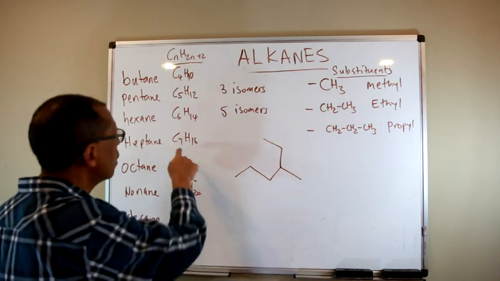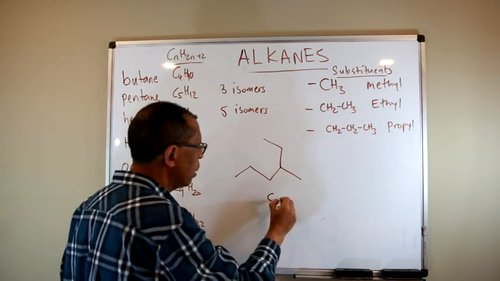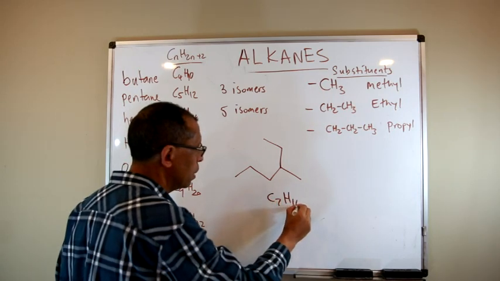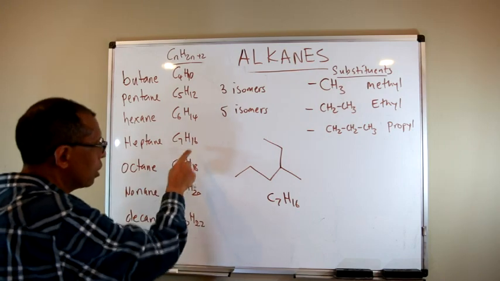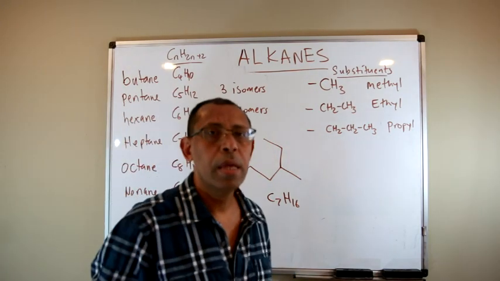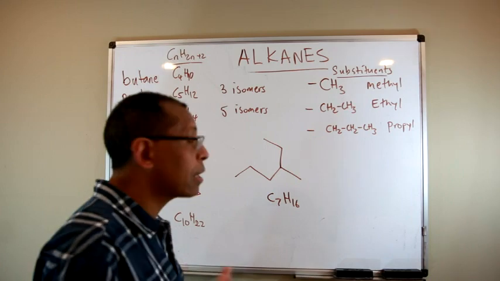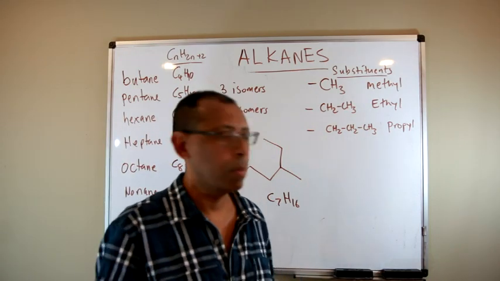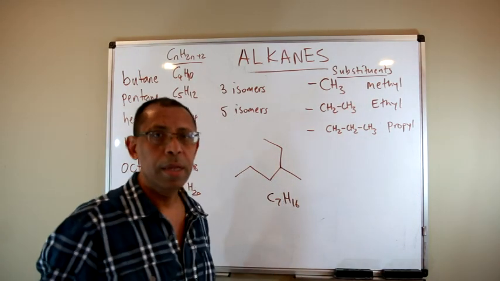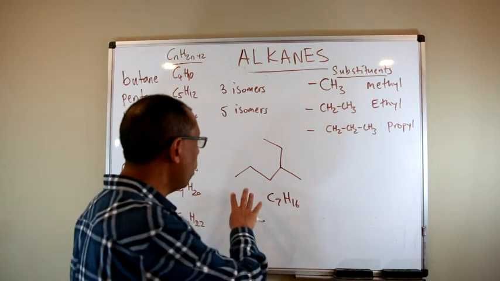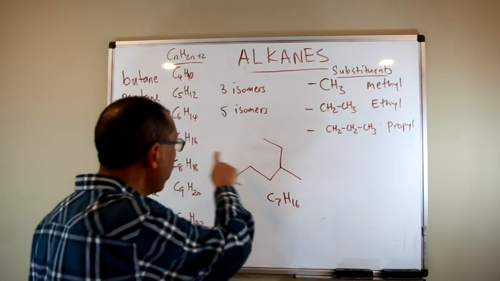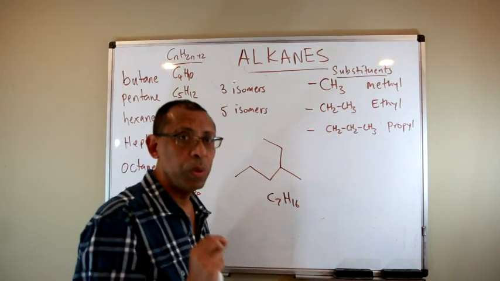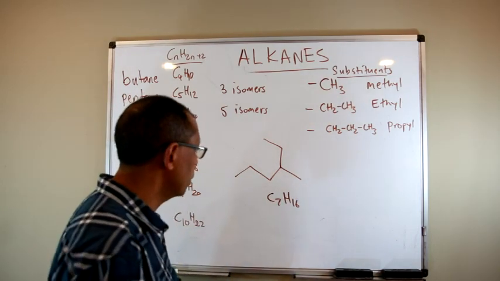So this is a C7H16 formula. If you remember, I already told you, if you have C7H16, you could write at least 7 different constitutional isomers, 7 different compounds. So you need to practice where you have 7 different, unique compounds.